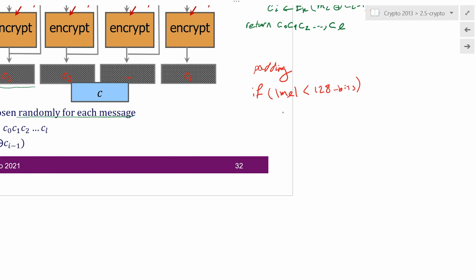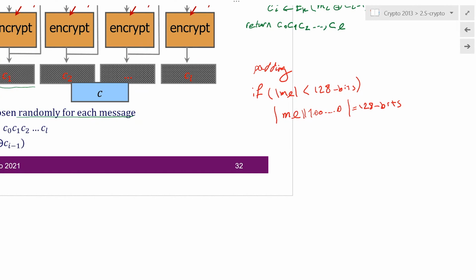We are going to concatenate ML. This is the concatenation sign. We concatenate it with 1 and then enough zeros so that the length of this entire thing becomes 128 bits.